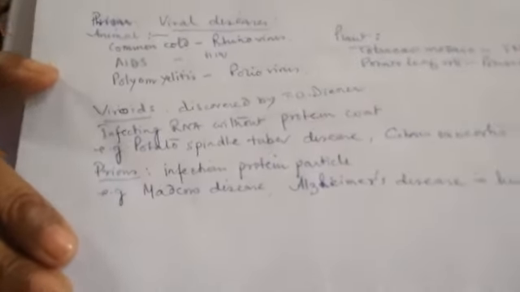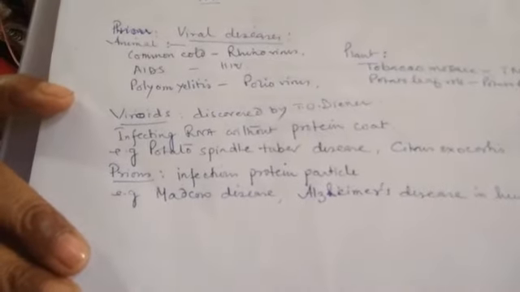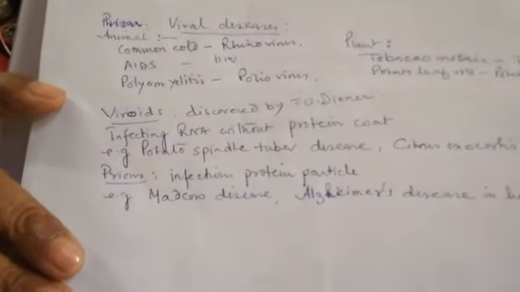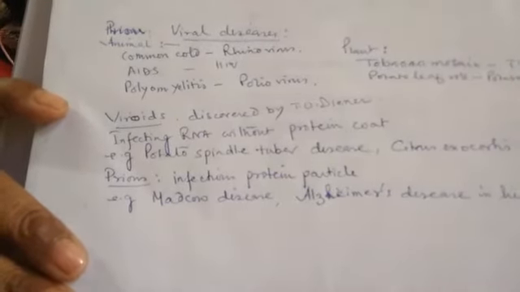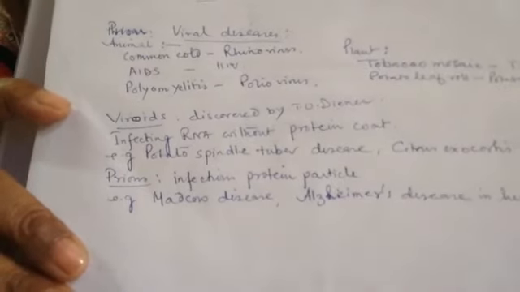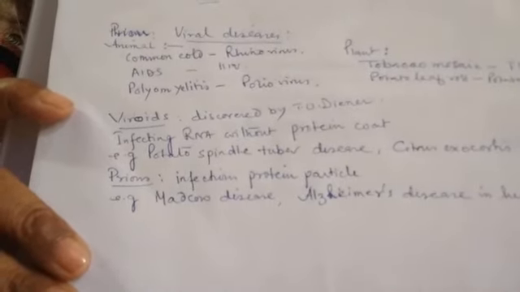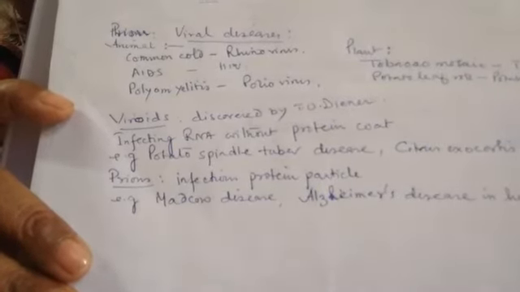Now there are two subparticles, clear, subunits which are smaller than even a virus, but they are also infectious. One of them is viroid. What are viroids?